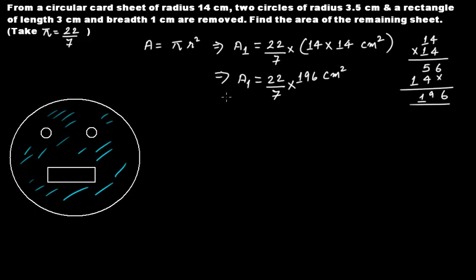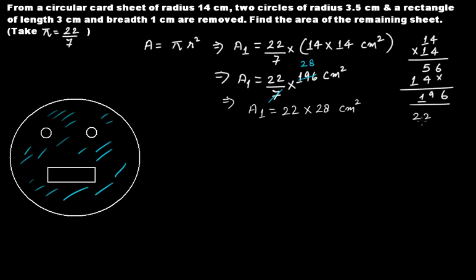Now if you solve this, 7 times 2 is 14, so 22 times, if we divide 196 by 7, you get 28. So 22 times 28 centimeter square.